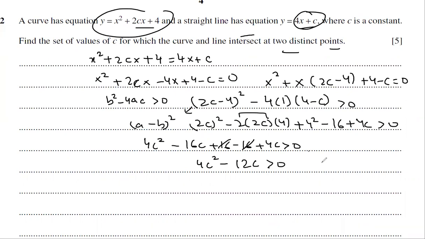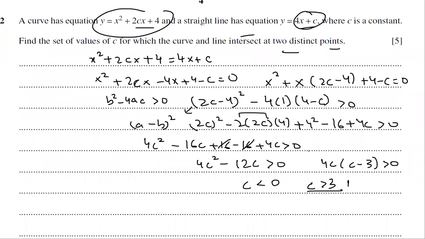If I take this 4c common, 4c and then c minus 3 is greater than 0. So first one, c is less than 0 and c is greater than 3. So simple question in the exams.